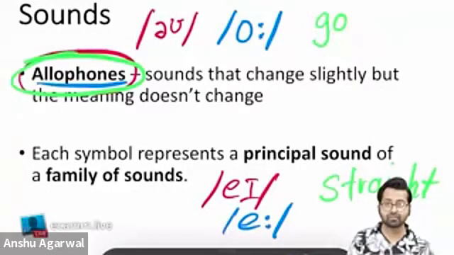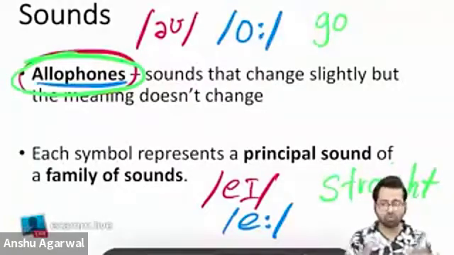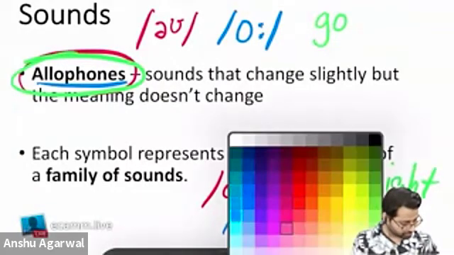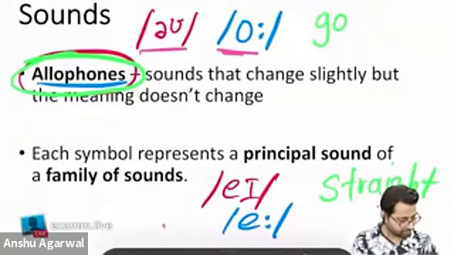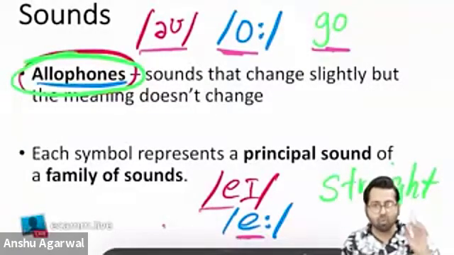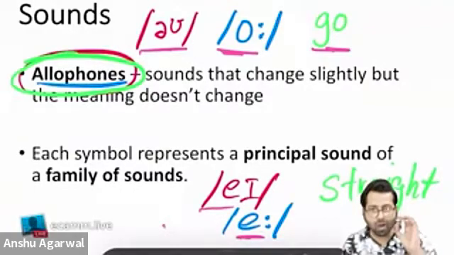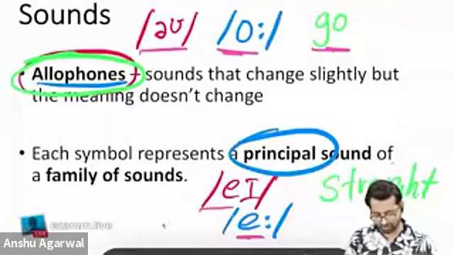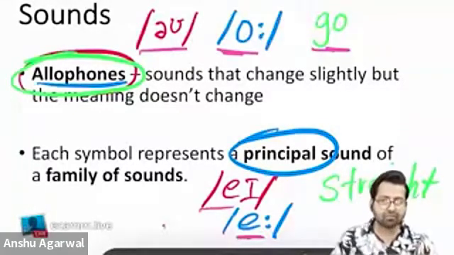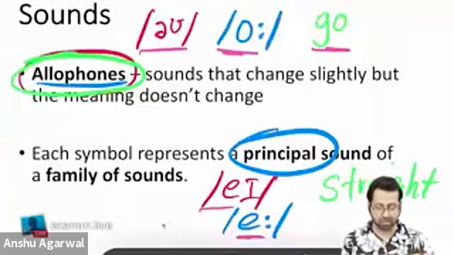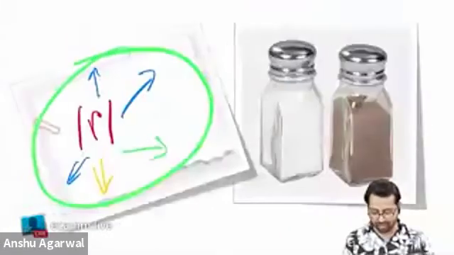right? So I just want you to understand one thing, that these symbols that we are using here, all these symbols, the one here, here, here, they are not one particular sound. They are actually a principal sound, and they are a principal sound that represents a family of sounds, just like all the r's that we saw, all the different r sounds that we saw.